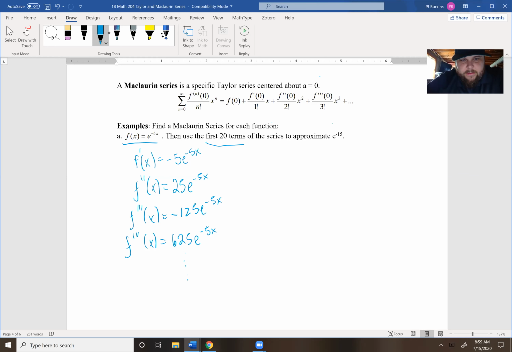Then we need these evaluated at 0. So I need f of 0, f prime at 0, and so on.